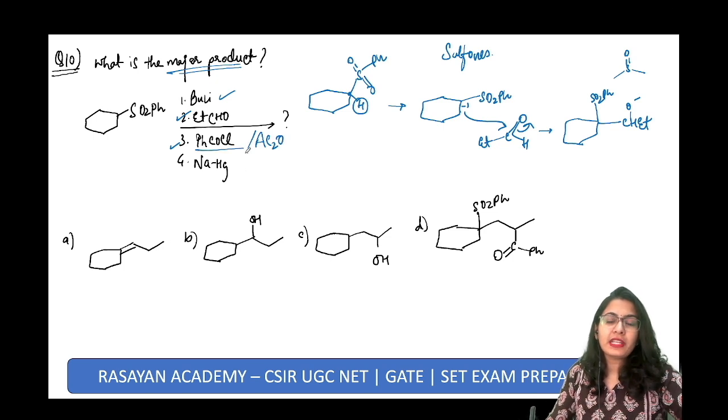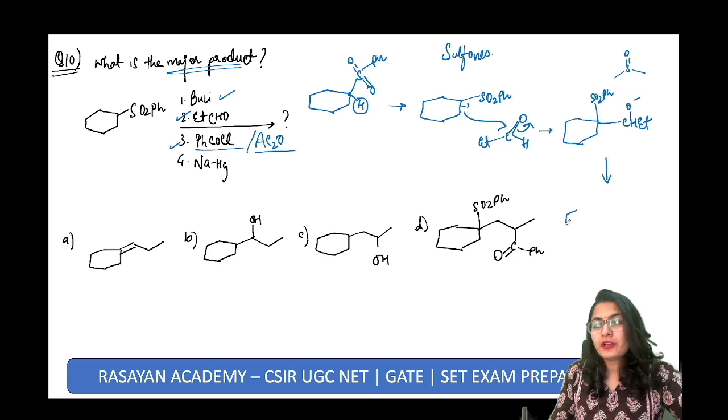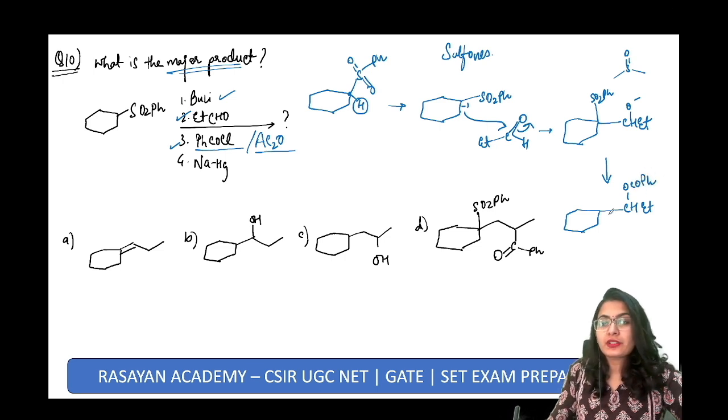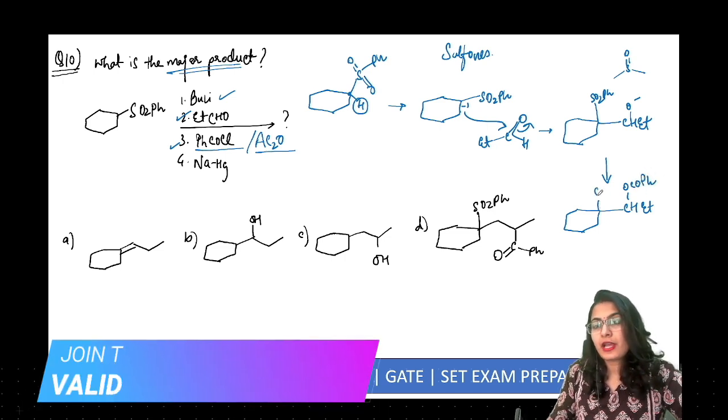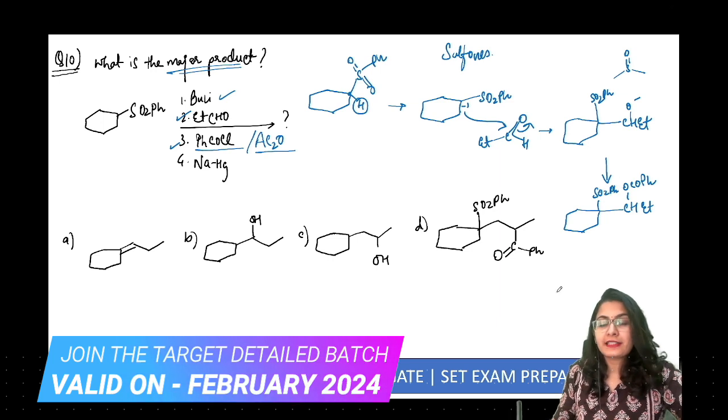So either you get PhCOCl or Ac2O. The purpose of these is only to stabilize the O minus and form OCOPh or acetate, whichever you have. It is going to be like this.